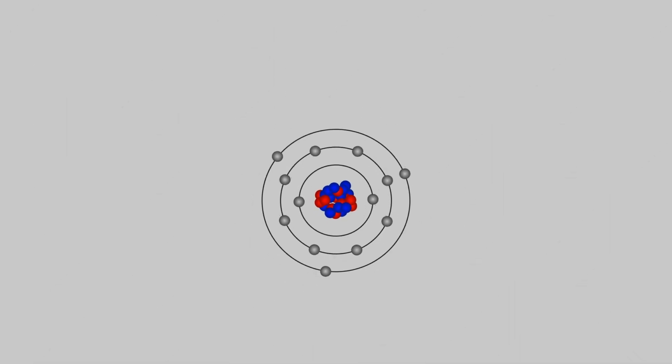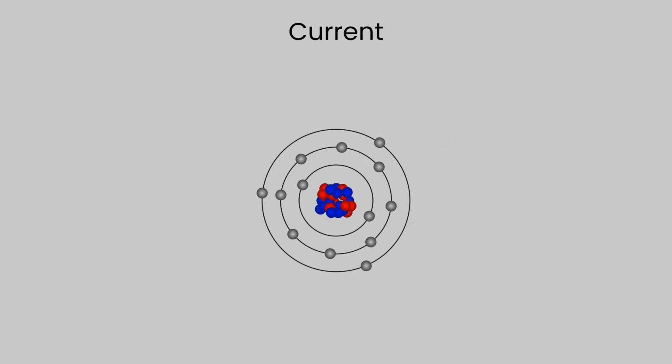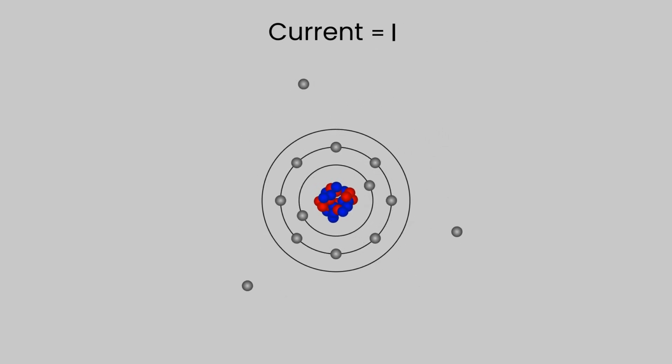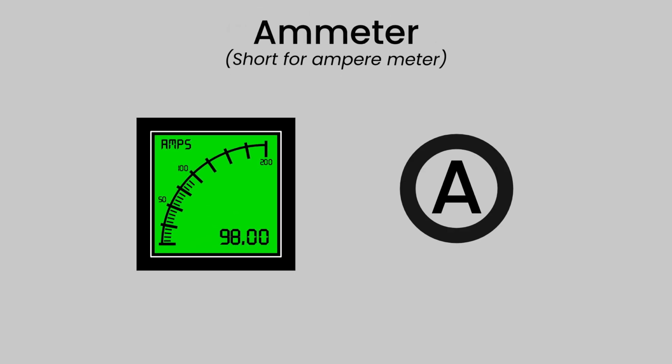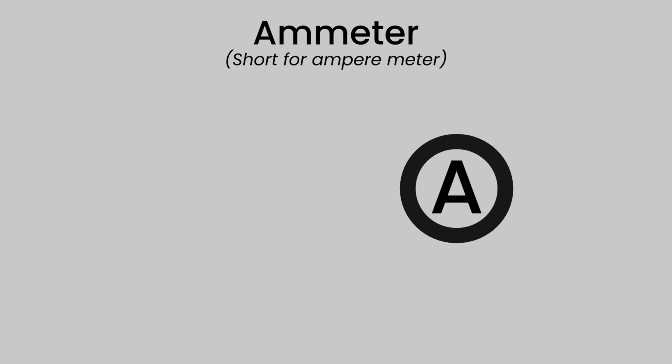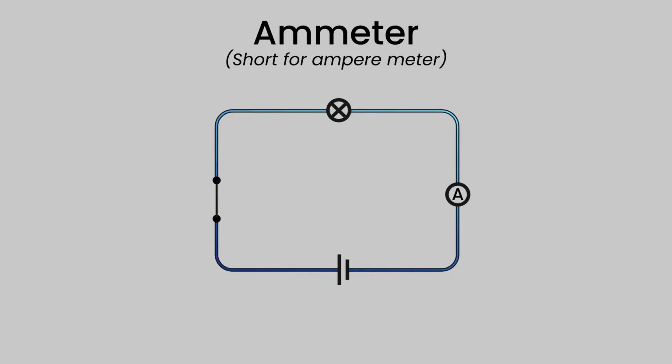This is the movement of electrons back to positively charged atoms and is called current, represented in an equation with an I. This is where all the work in the circuit takes place and is measured in amperes, or amps. We can measure the current in a circuit with an ammeter or a multimeter. Unlike the voltmeter, we must connect the ammeter in series and not in parallel.